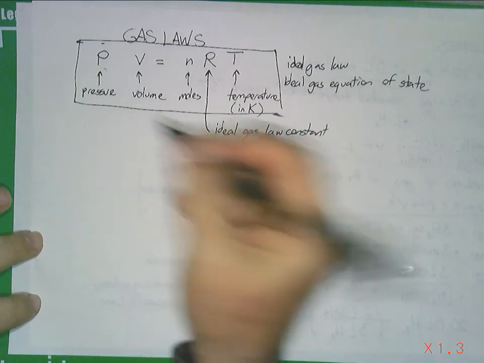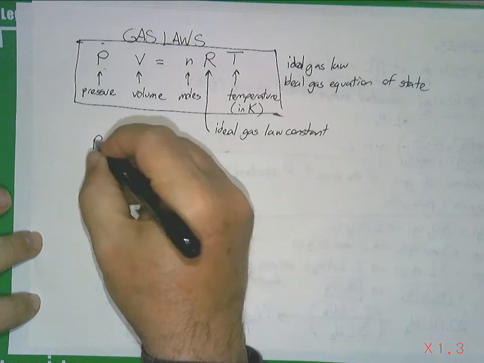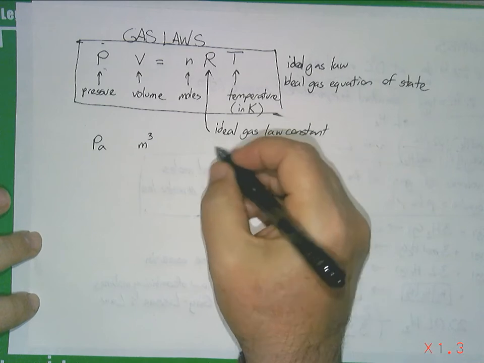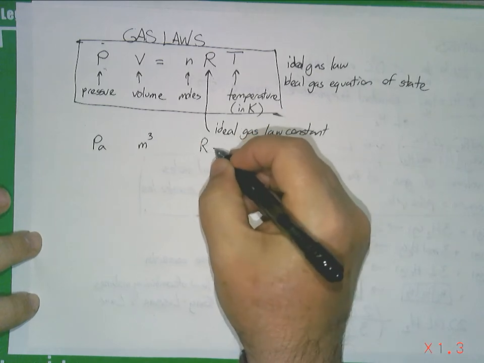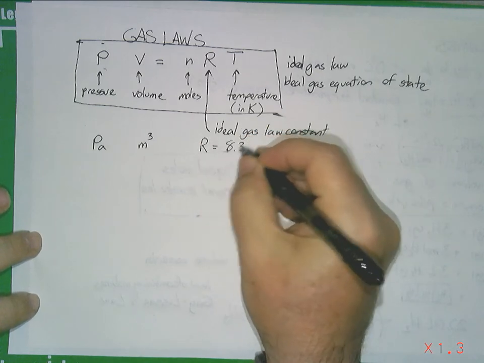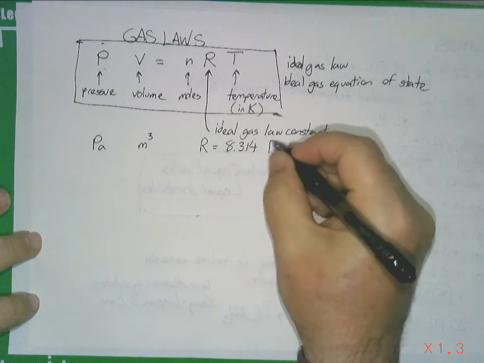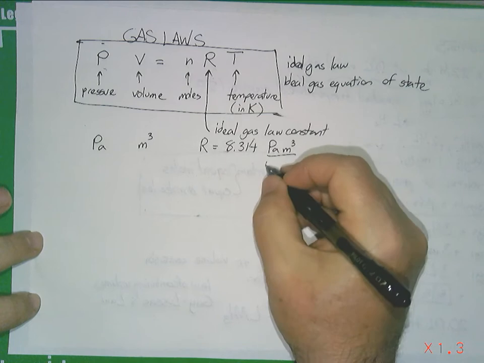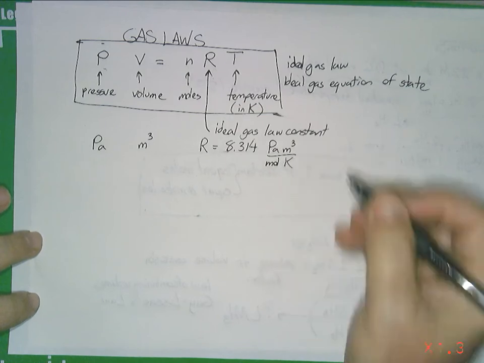If your pressure units are pascals and your volume units are cubic meters, the value of R is going to be 8.314 pascal meters cubed per mole kelvin.